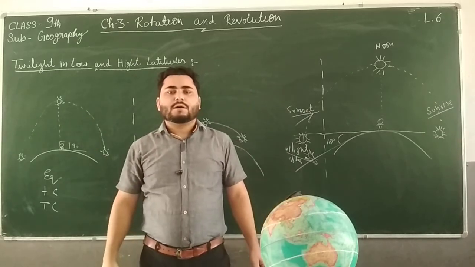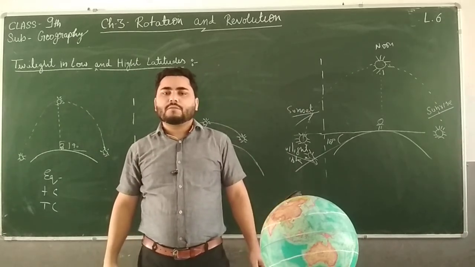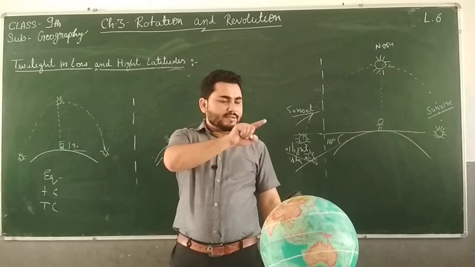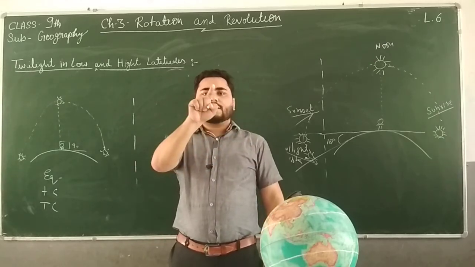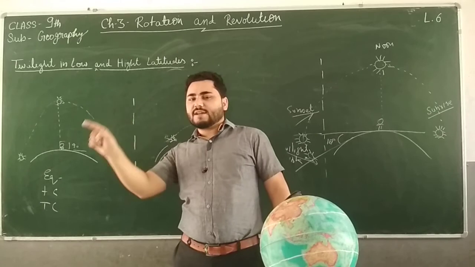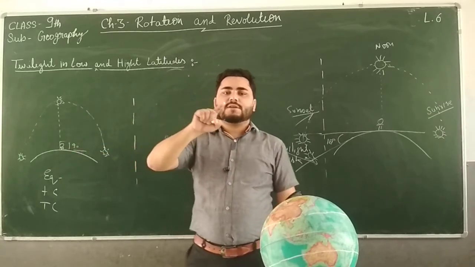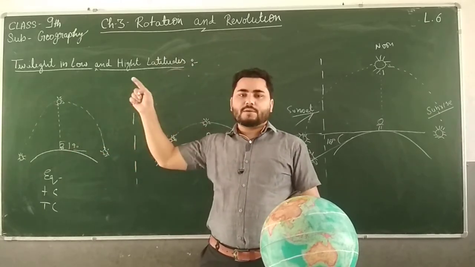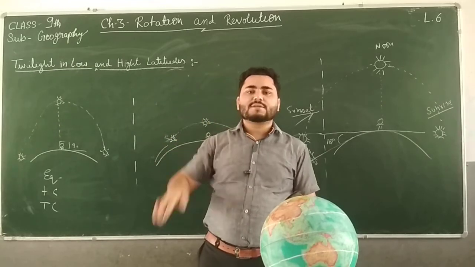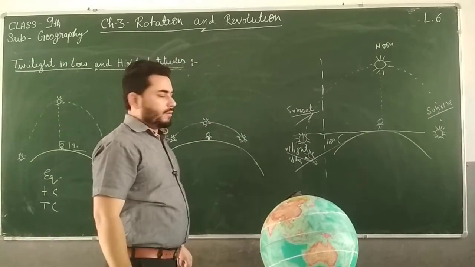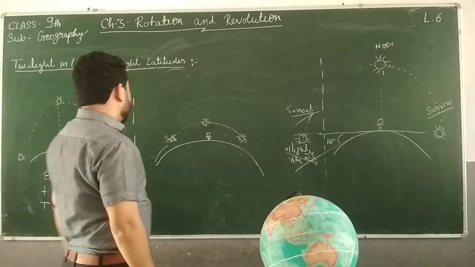But during winters, the sun rises this way and then rises only till here and then sets like this. It doesn't go overhead, it remains at a lower angle in the sky, clear? So that is the reason.